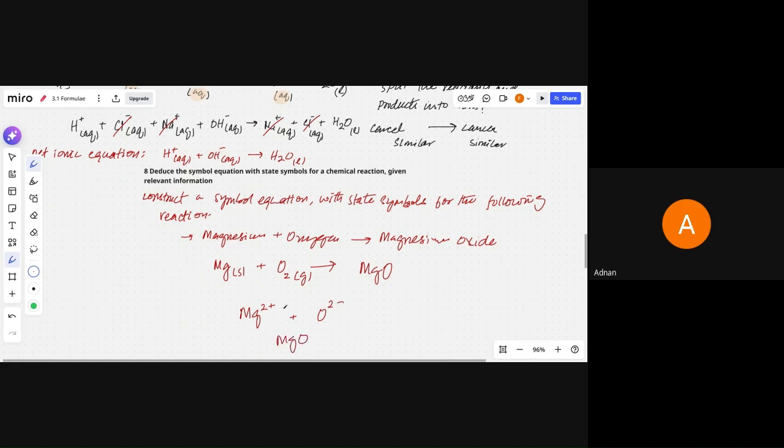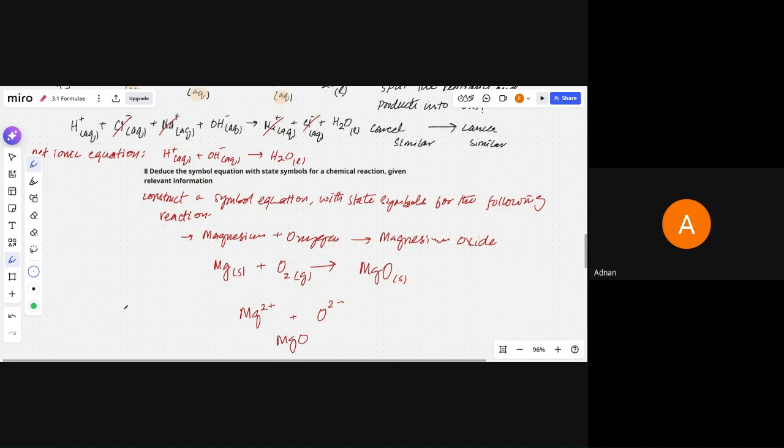Since the charges are the same, MgO will be the formula. And for magnesium oxide, since there is no aqueous on the reactants and no water as a product, it will be solid, right? It has a very high melting point. It is an ionic compound with a giant crystal lattice, a giant ionic structure.